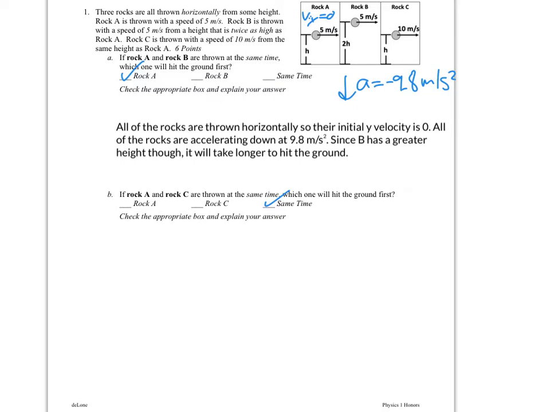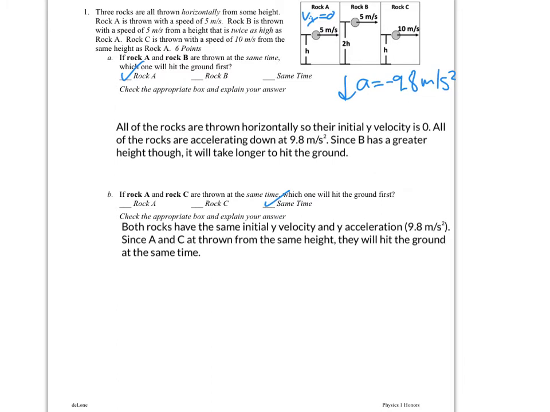Really, the big idea is, once again, both rocks have the same initial y velocity and an acceleration of 9.8 meters per second squared. Since A and C are thrown from the same height, they'll hit the ground at the same time. And the thing that I might add is that even though C has a greater x velocity, that doesn't affect the y motion, right? And that's that idea that x and y motions are independent of each other.